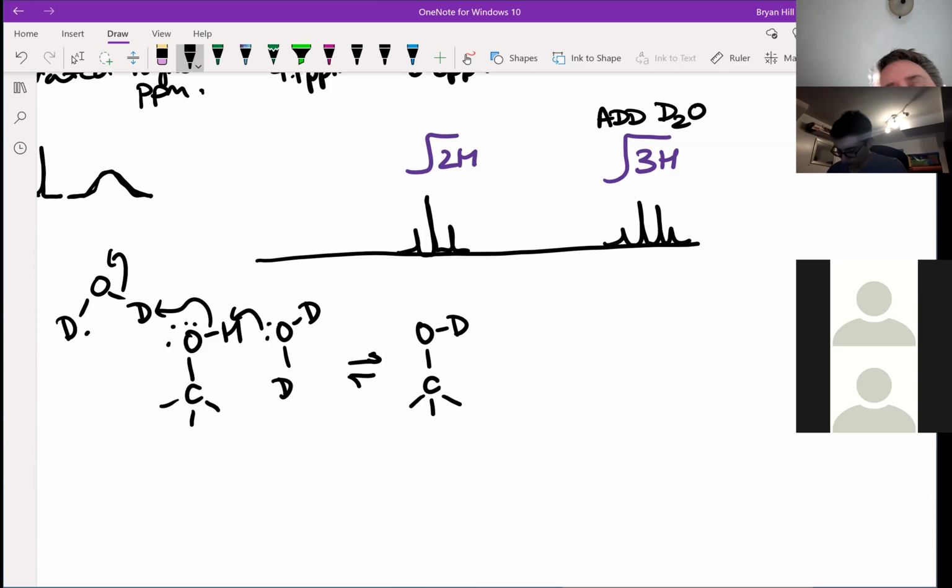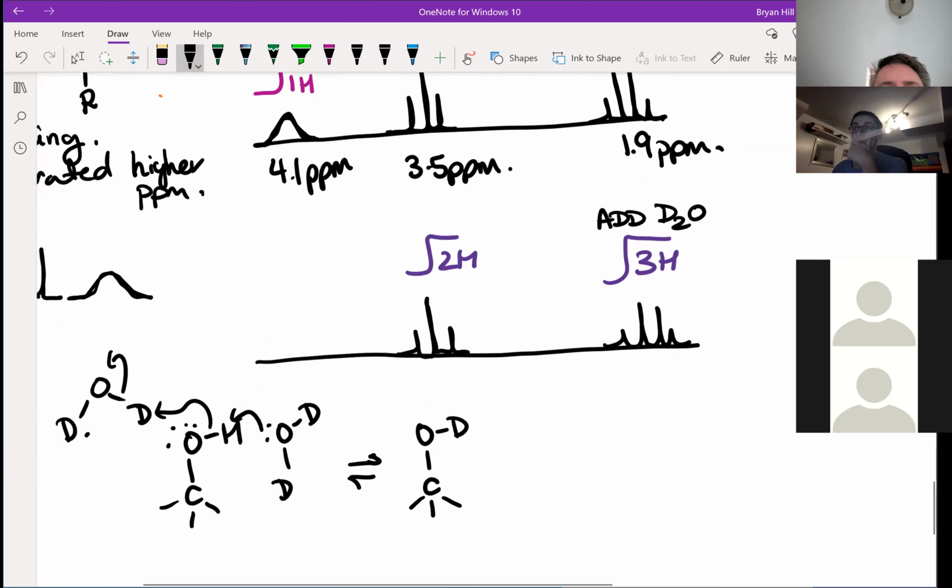Deuterium has a different resonance, in a completely different energy range, totally outside where you'd be sending your packets of radio waves. If you want to look at deuterium, you've got to program the instrument to look at a different region of energy. So with D2O exchange, acidic protons can be exchanged using deuterium, and they are removed from the spectrum.